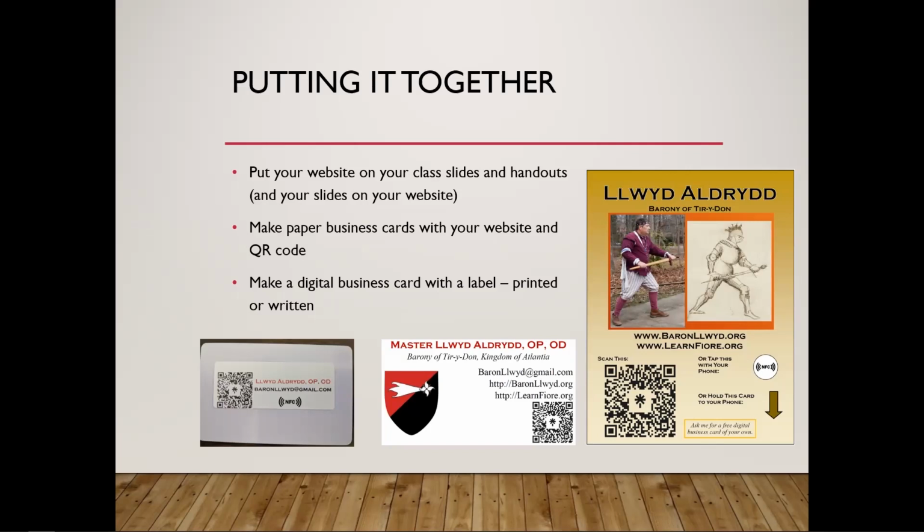There's a picture of my NFC card on the left, where I've printed just a mailing label to add to it that has my name and the same QR code, so people can either hold it to the back of their phone and use it over the NFC connection, or they can scan it with their phone camera. And then the picture on the right is the sign that I'm going to have up at my display in a month at Kingdom A&S, that has a picture of me doing my art.